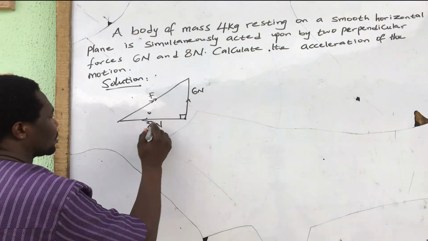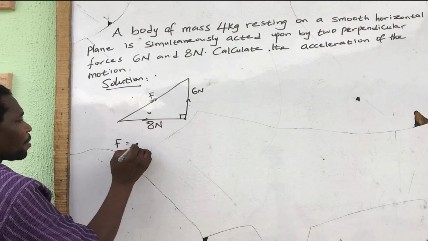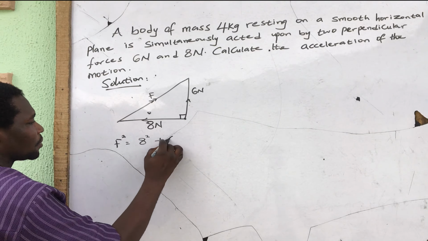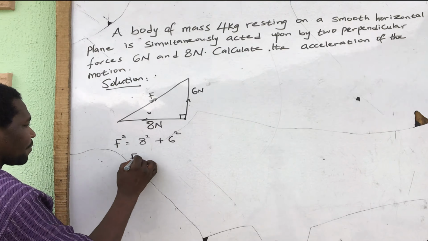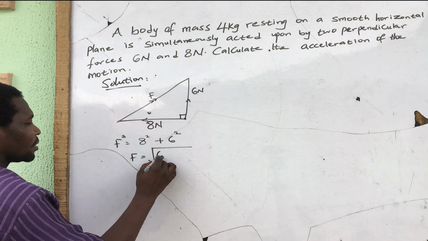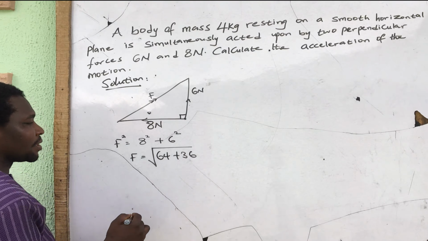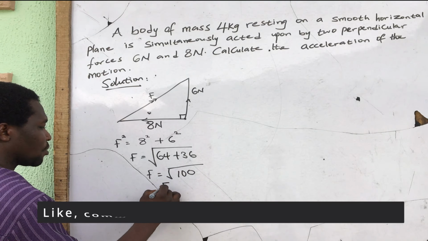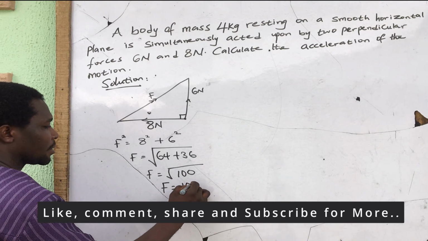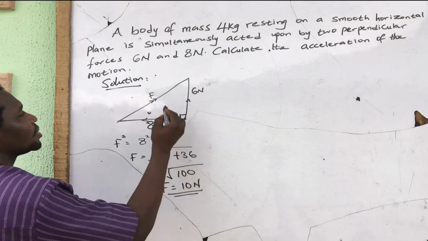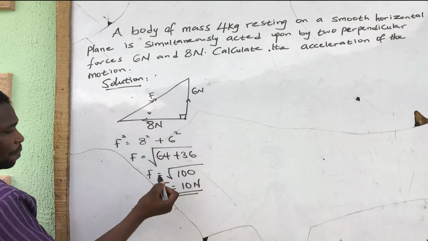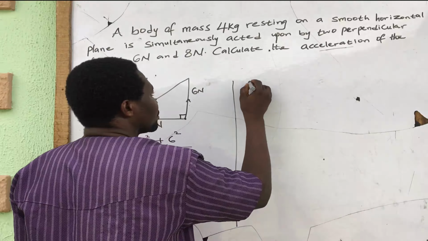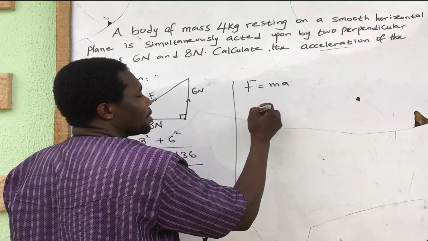To do this, we are going to have F squared equal to A squared plus C squared. So F now equals the square root of 64 plus 36, and our force equals root 100, and that is 10 Newton. So 10 Newton is the resultant force acting on the body. Now, to calculate the acceleration, so our F equals ma.